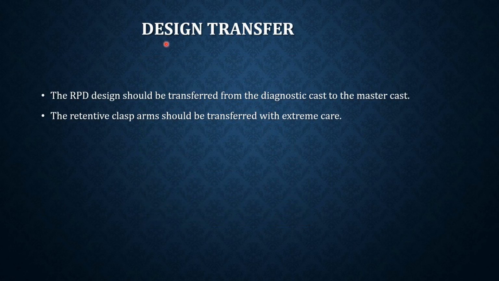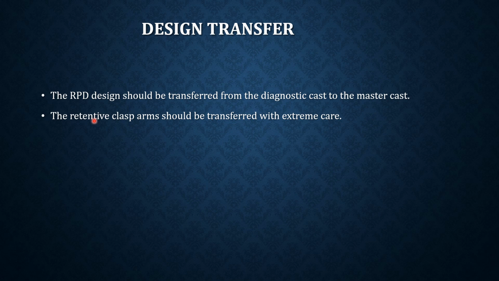Now we do a design transfer. The RPD design should be transferred from the diagnostic cast to the master cast. We actually just send the impression to the lab here, but ideally you should pour the impression, draw the design, and then send it to the lab. We let the lab pour the impression for us.